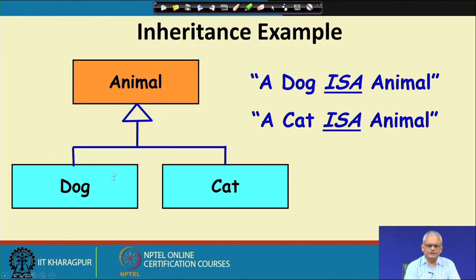So, a dog is an animal, a cat is an animal, and therefore sometimes the inheritance relationship is called the is-a relationship.